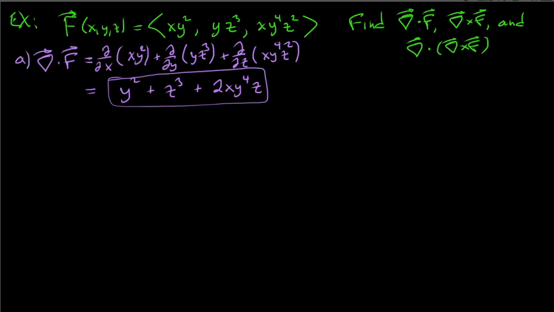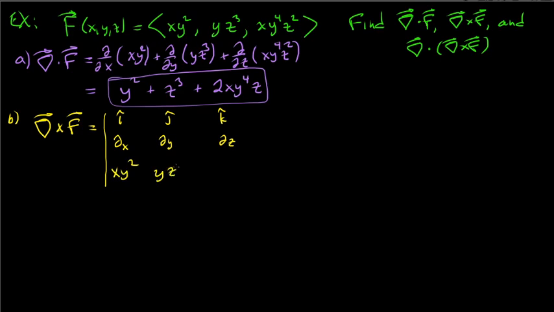Okay. Now let's do probably the hard one, the curl of f. So I'm going to set this up the usual way by using the determinant, i, j and k, and then the x partial, the y partial, and the z partial, and then the 3 component functions, xy squared, yz cubed, and xy to the 4th z squared.